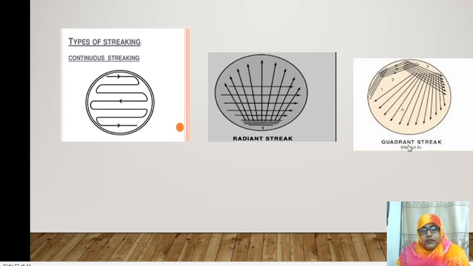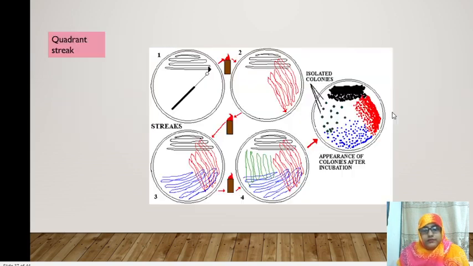Then quadrant streak in 4 different directions. First one, then second one, then third one, and then this one is the 4th one. This quadrant streak is drawn here. I told you 4 different types of colonies were identified.